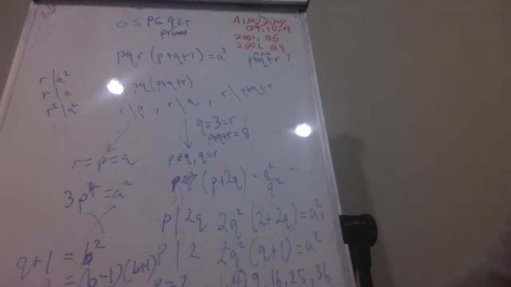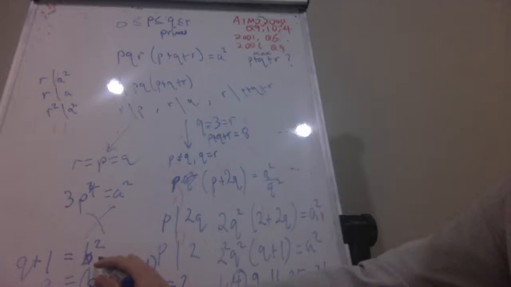So that basically means Q is 1 times Q, and there's only one way to do that. So B minus 1 has to be 1, or B plus 1 has to be 1, right? B plus 1 being 1 doesn't really make too much sense. Okay, so B minus 1 is 1, so B equals 2, right?